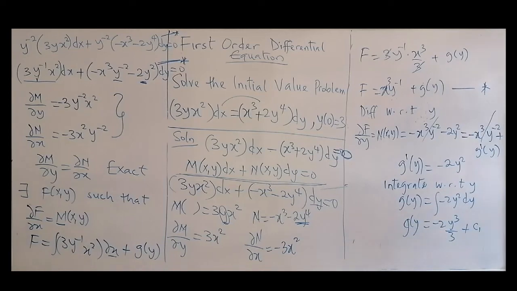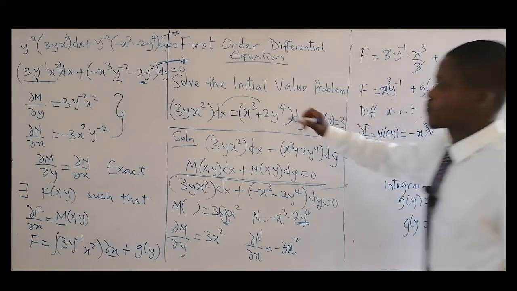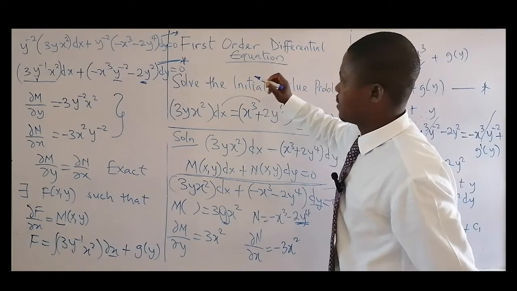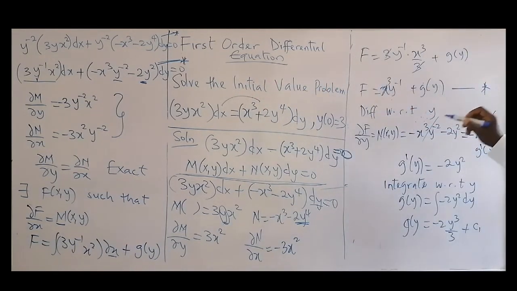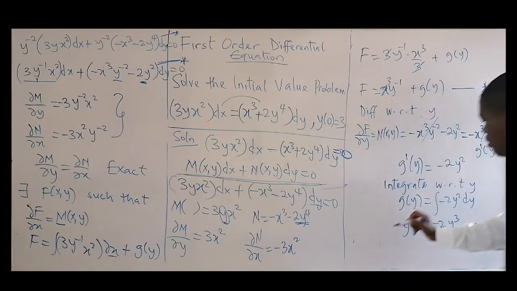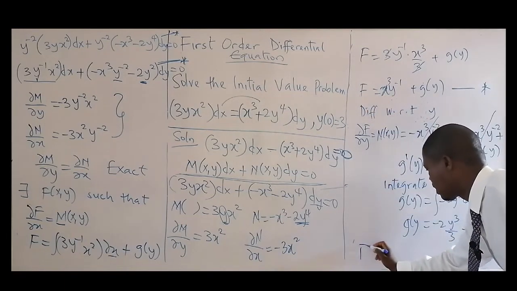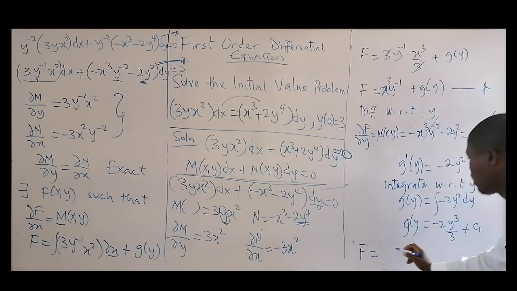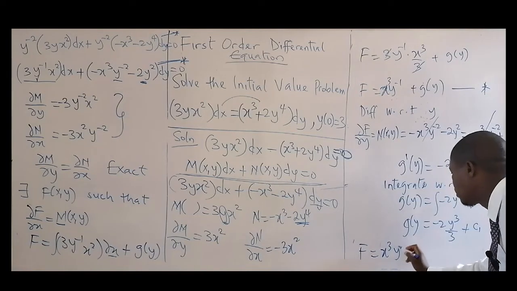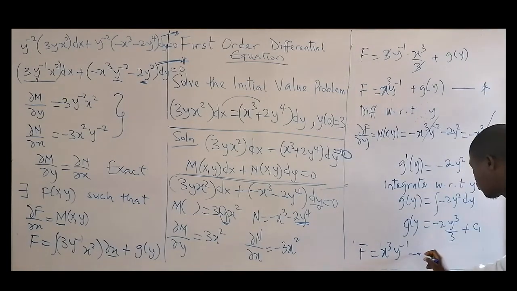Finally, I'll just go back to where we have the f. Don't forget that your f is c. Let's write it. That will be f equal to x³ y minus 1 plus minus 2 over 3 y cubed plus c1.